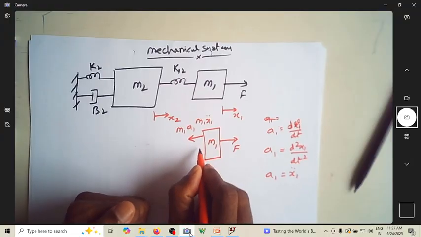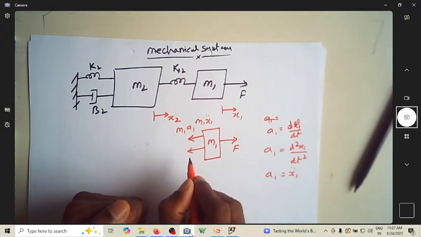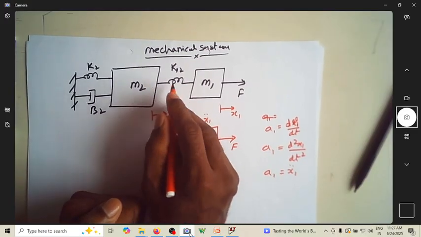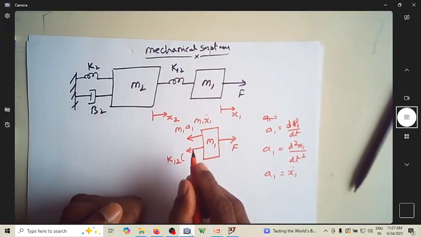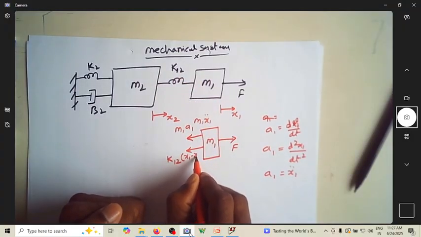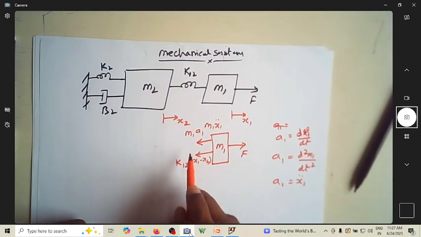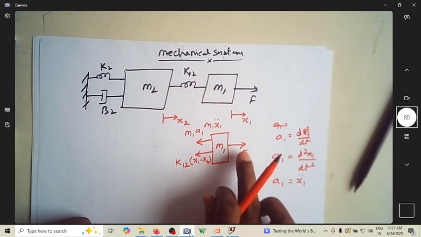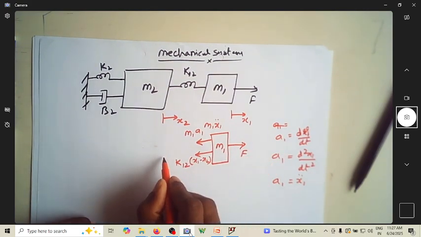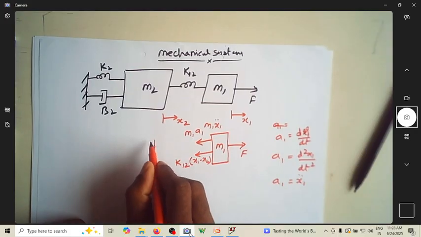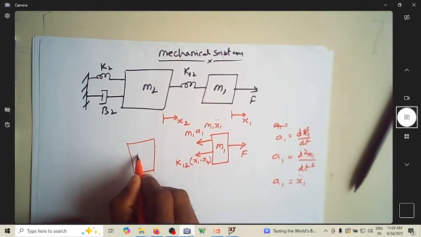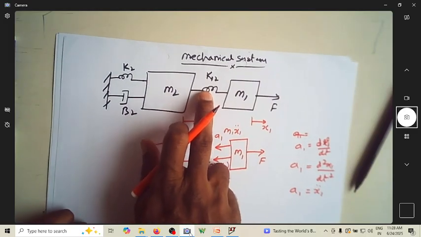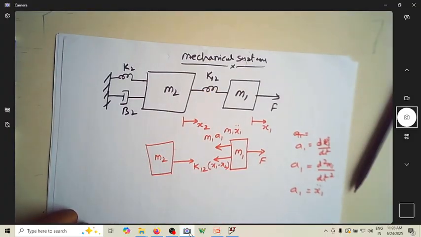The other opposing force is due to the spring constant, which has a magnitude of k12, with a relative displacement of x1 minus x2. So these two are the opposing forces for m1 against the acting force F. Now the acting force on m2 is due to the spring constant k12.